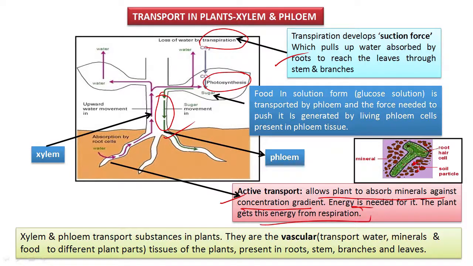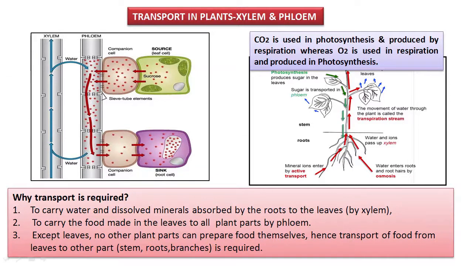Next, how transport in plants through xylem and phloem occurs, I have explained already, and I have also explained active transport. Through the process of osmosis, root hair absorbs water from the soil, and then it is absorbed into the roots, and through the xylem it is transported to the leaves of the plant.